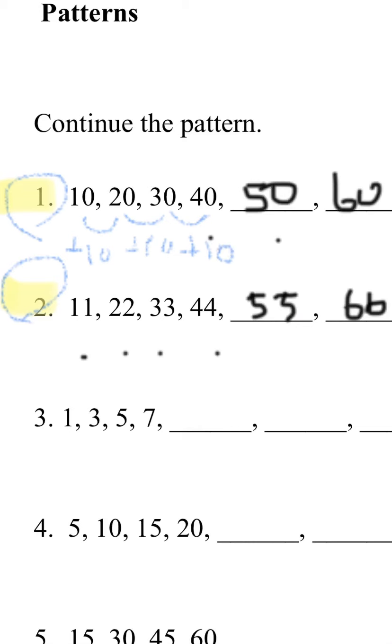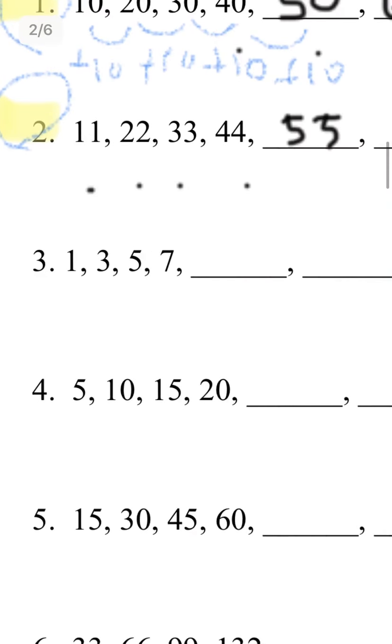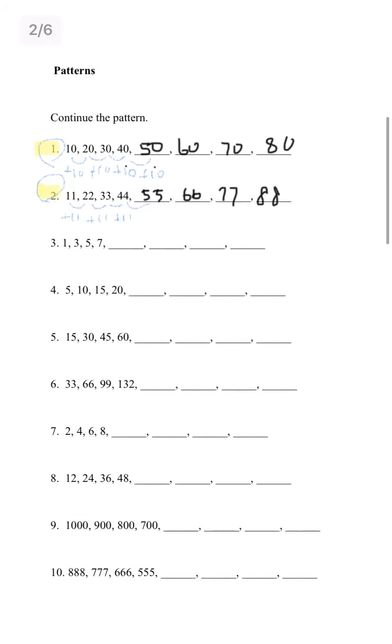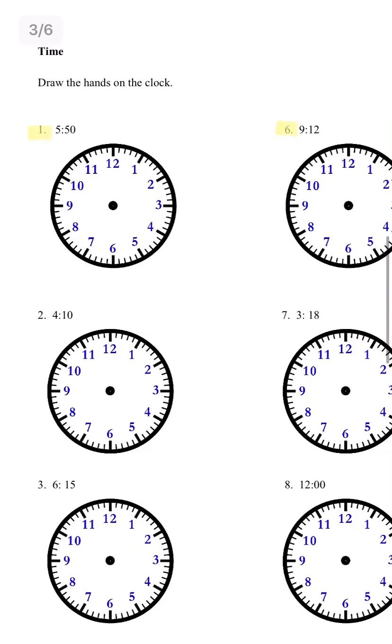For the first one, we kept adding 10, right? And then for the second one, we added 11, plus 11, plus 11, okay? So that was the sequence. That was the pattern. So finish this page, and then let's move on to time.